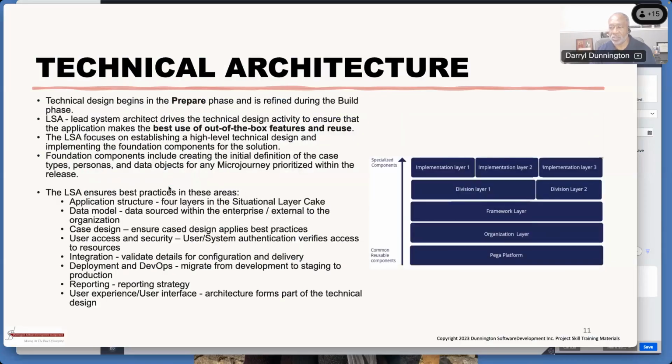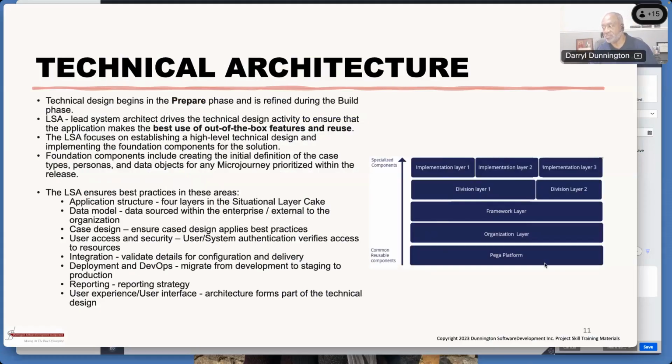Our technical architect, we've covered it a bit. Ufa talked about it as he went through his explanation. We talk about the LSA and it being important to use the out-of-the-box features for reuse. They're foundational. And we've talked about the different layers.